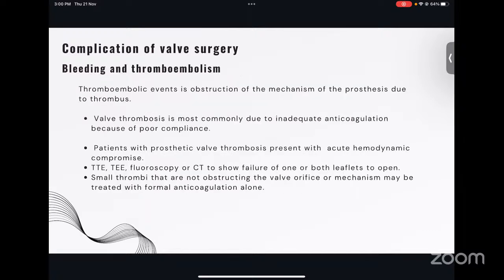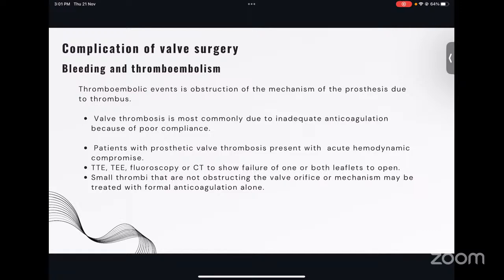Bleeding and thromboembolism. Thromboembolic events include transient ischemic attack or stroke. Valve thrombosis is obstruction of the mechanism of the prosthesis due to thrombus. 95% of cases of valve thrombosis occur in mechanical valves. But patients with mechanical valves have a higher stroke risk because of the risk of major hemorrhagic events, including stroke, which is associated with anticoagulation.